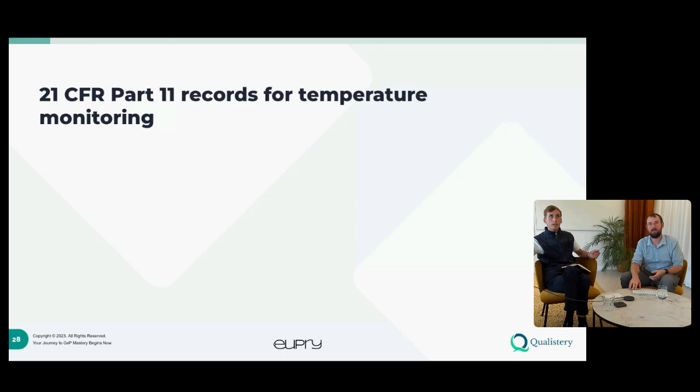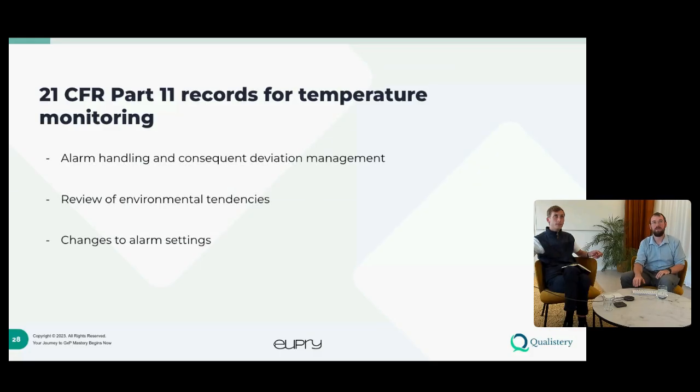Next, we'll just go through what could be Part 11 records for temperature monitoring. Some of the examples, I think we've been through some of them today at least, is alarm handling and consequent deviation management. That would be something that you would sign off. It has a meaning.